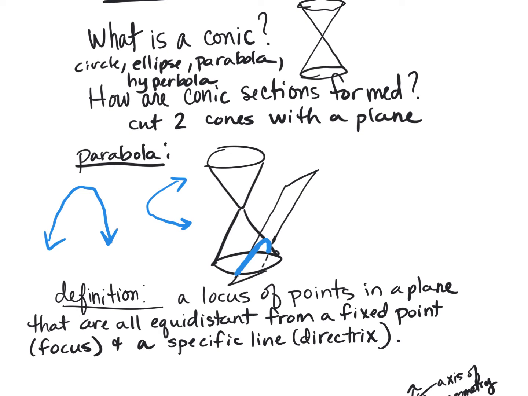Now we're going to find all our pieces. We're going to find the focus. The focus this time is going to be up or down from the vertex, so I know automatically it's going to be (h, k plus p). Do you see how I don't have to memorize these formulas? All I have to do is think about which way it's opening, and if the vertex is here, then the focus has to be up here, so it's got to be adding to the y.